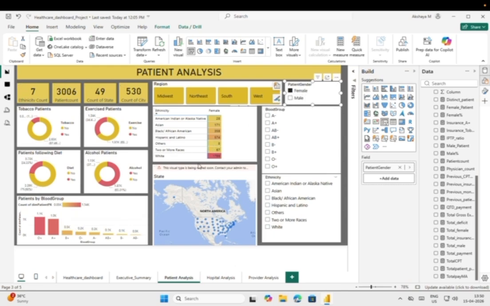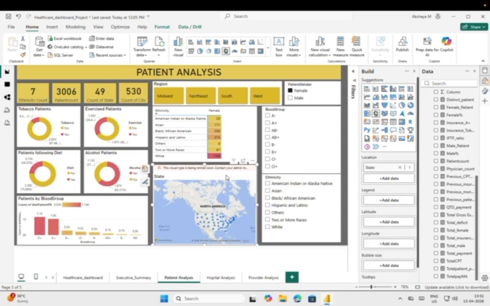When I apply the female slicer, we can see that even 12% of female patients are tobacco patients and 87% are non-tobacco. So when I apply slicers, we can see those filtered results in our patient analysis report.